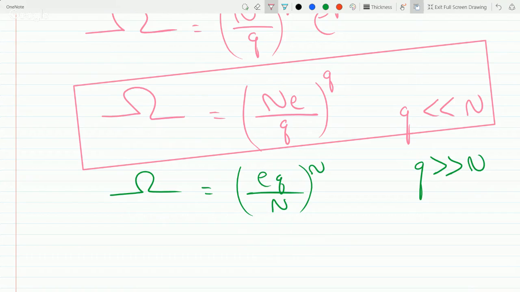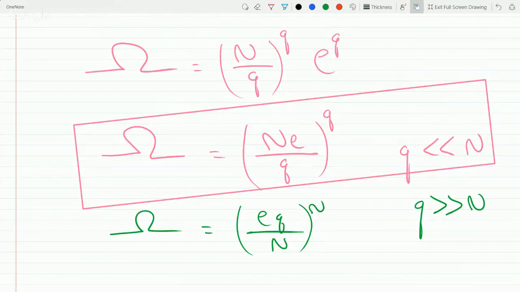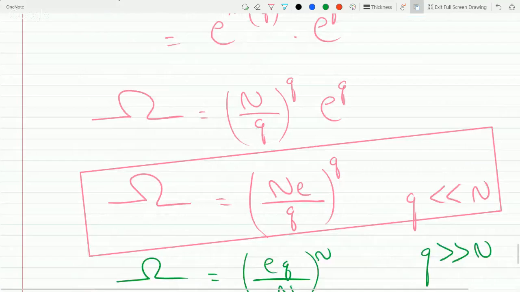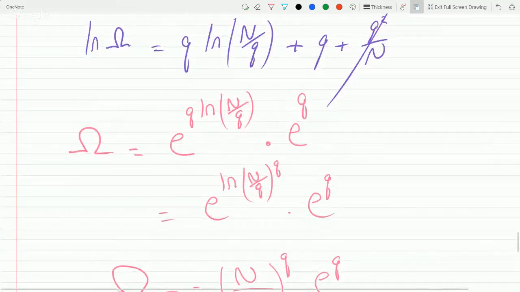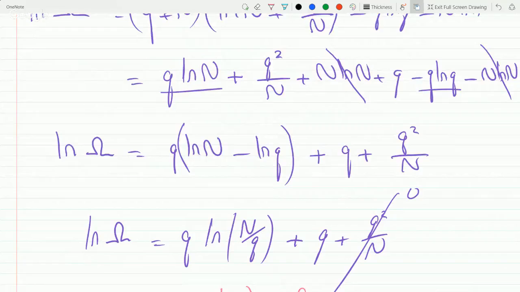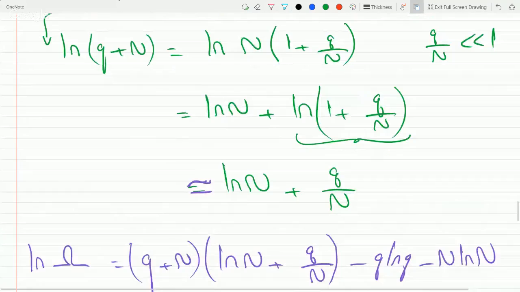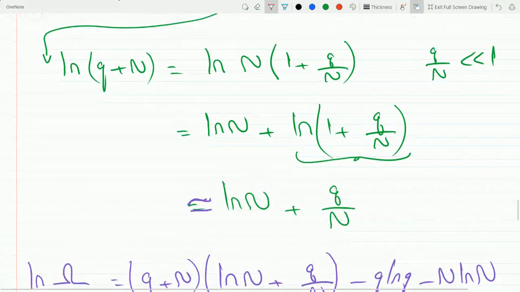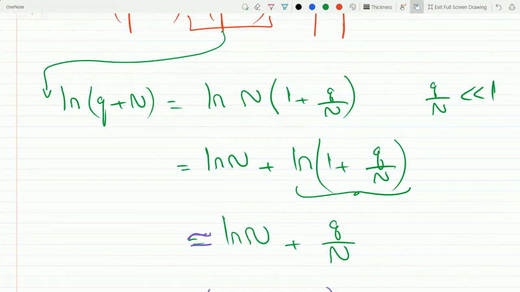Did you get there? Where did you get the, how did you get to the q term to go away? Which q term? This term? Here, you just factor out N from this guy.